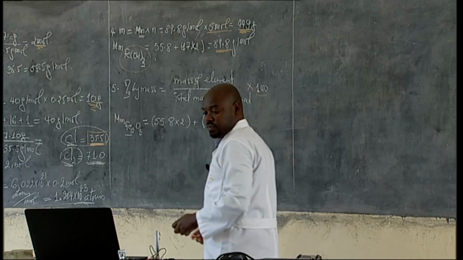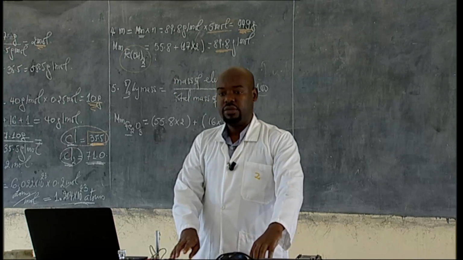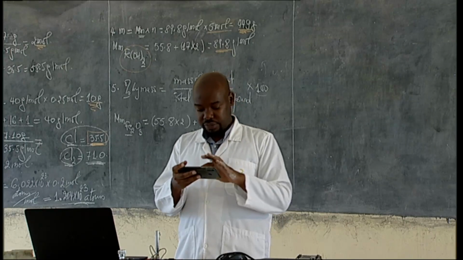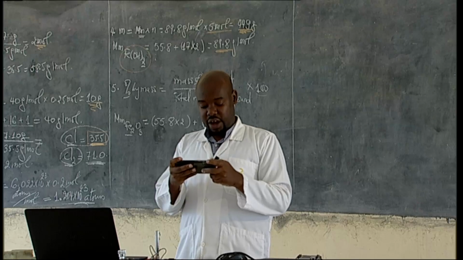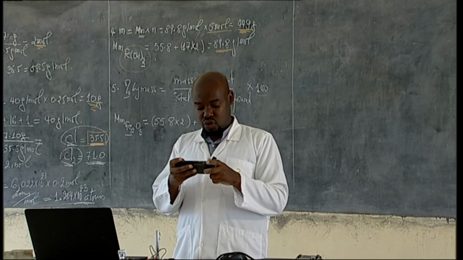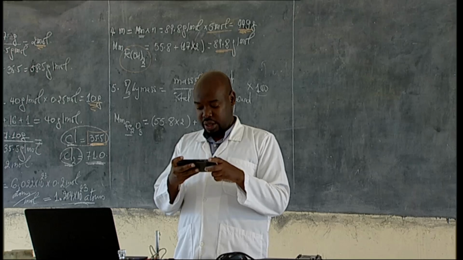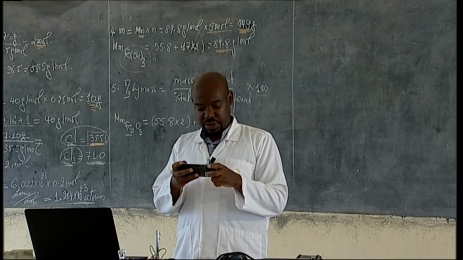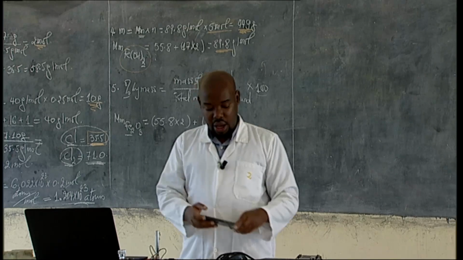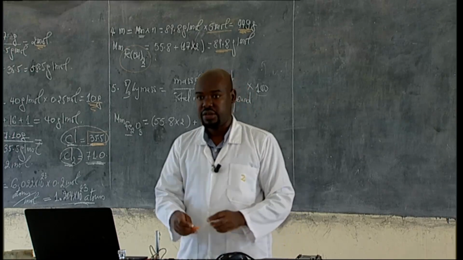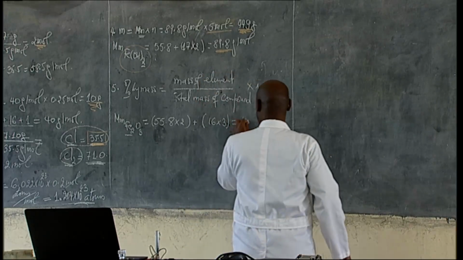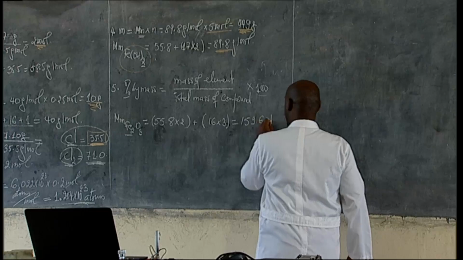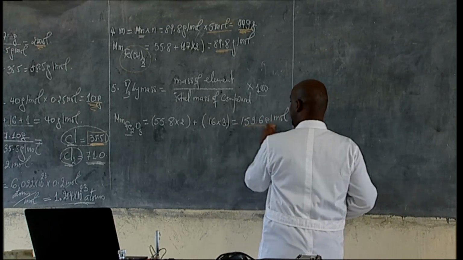And what do we get? We use our calculator, 55.8 times 2 plus 16 times 3, and we get 159.6 grams per mole. That is the molar mass.